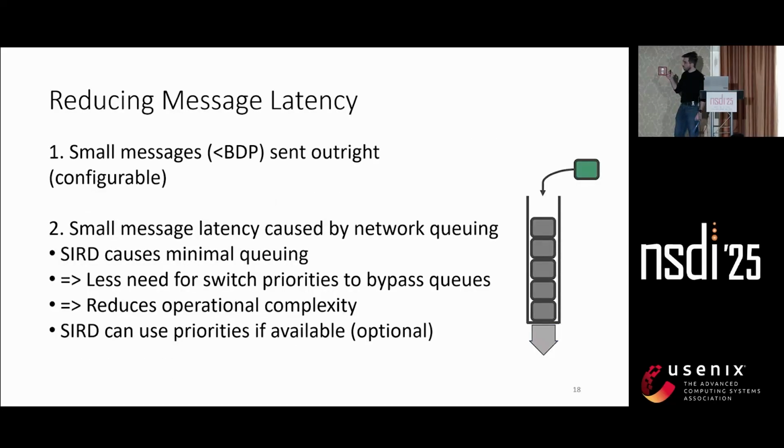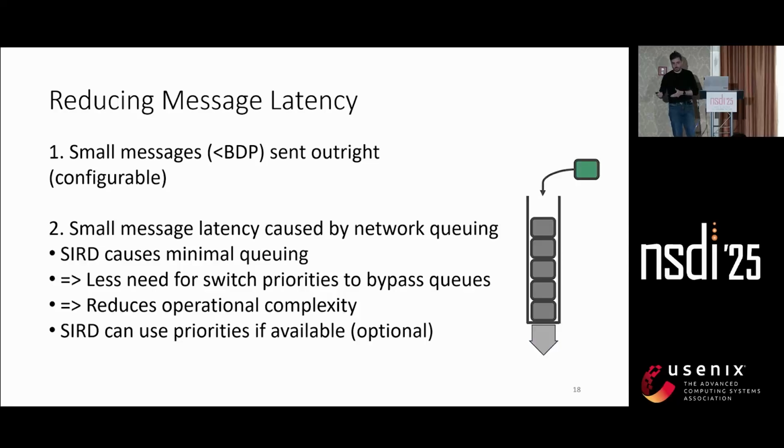So for message latency, there are two steps to reducing it, and I'll mostly focus on small messages, which are usually the most latency sensitive. So first of all, in SIRD, we send small messages outright without waiting for credit. That's one part. And the other part is that generally small message latency is caused by network queuing.